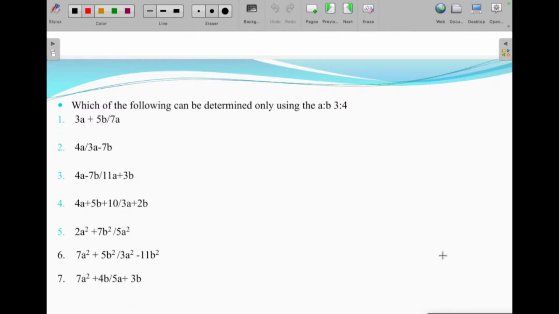How to solve? First you try, then I will explain. And this B, clear. A is to B, 3 is to 4. 3A plus 5B, A is to B is equal to 3 is to 4, that is.